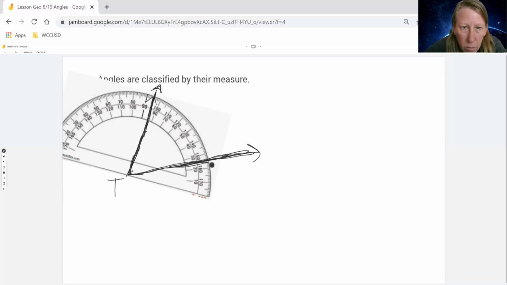Notice how the numbers go from 0, 10, 20, 30, 40, 50, 60, 70, 80, 90, all the way over to 180. So 180 is half of the whole circle. So we only need half the circle if we're measuring this kind of angle.